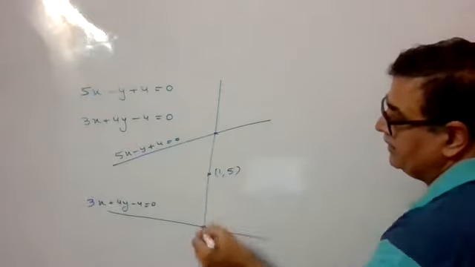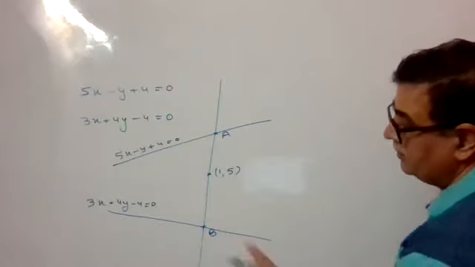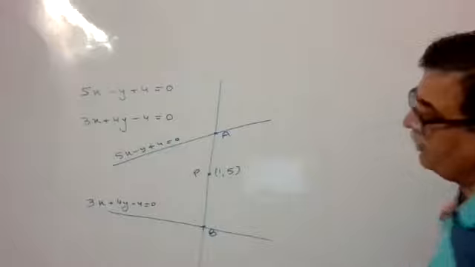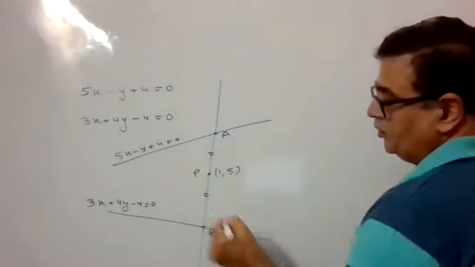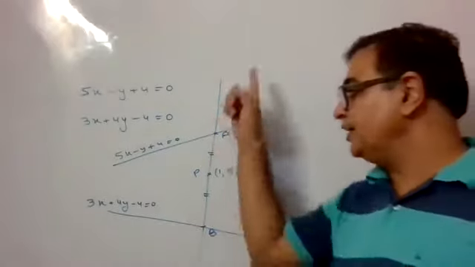Means if this line intersects the first line at A, another line at B, then bisected means this is the midpoint. Midpoint we have 1 comma 5. ये वाला part इसके equal है. Now my question is, what is the equation of this line?